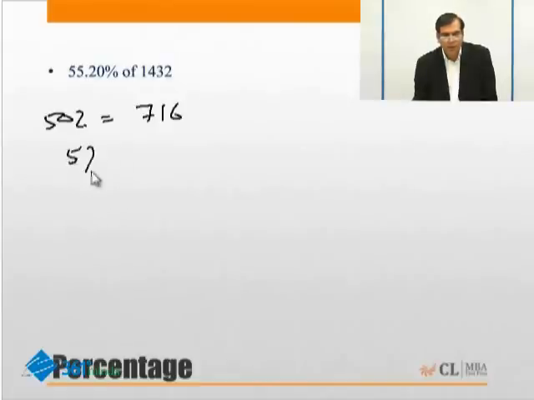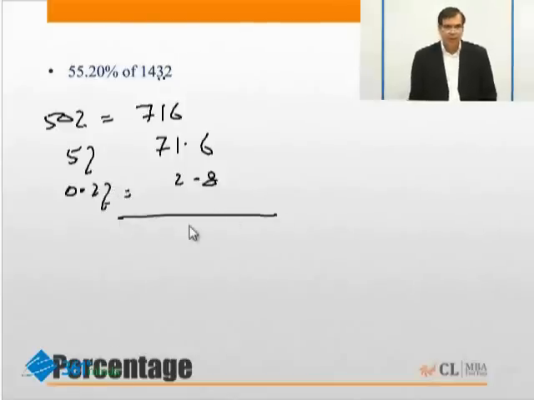So 5% should be 71.6. 10% is 143. 1% is 14.3. 0.1% is 1.4. So 0.2% should be 2.8. Add up, get the answer.